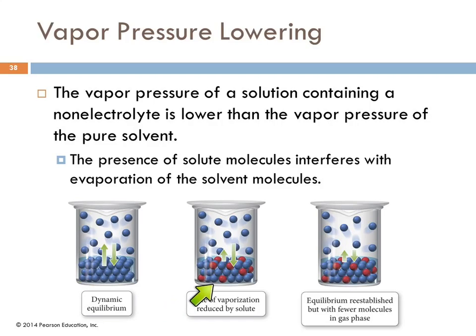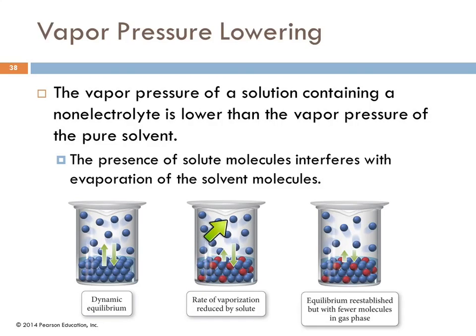Well, what happens when we put a solute in here? A solute is going to take up some of the spaces at the surface of the liquid. And so that's going to reduce the rate of evaporation because there's obstruction here.